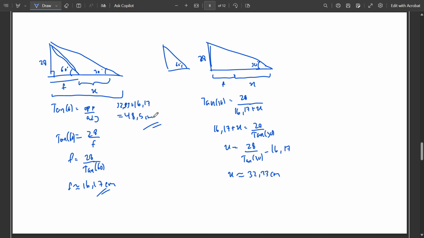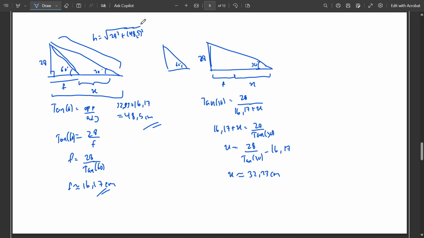And well, using that information, we can find this here, our hypotenuse side. So our hypotenuse side is just, let's call it h. h is the square root of 28 squared plus 48.5 squared.